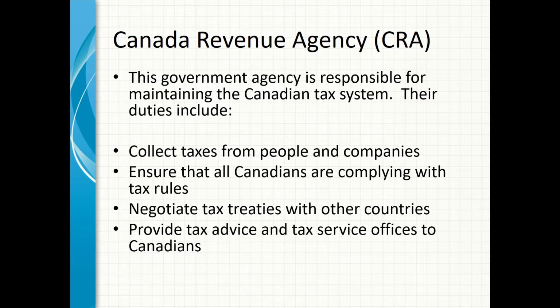And finally, the CRA also provides tax advice and tax services offices to Canadians. So if you have any questions about your income tax return, or if you have a business and you're not sure about how to collect taxes from your customers, you can contact the CRA and they have people who can help you answer your questions. So that's the CRA.